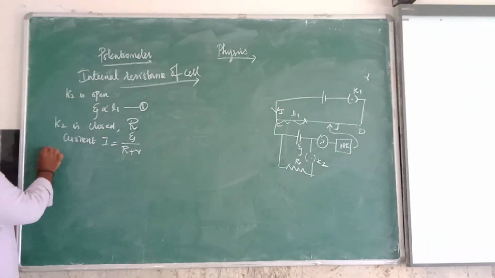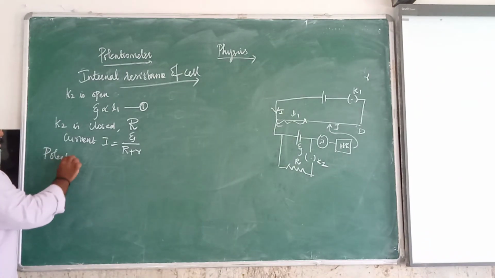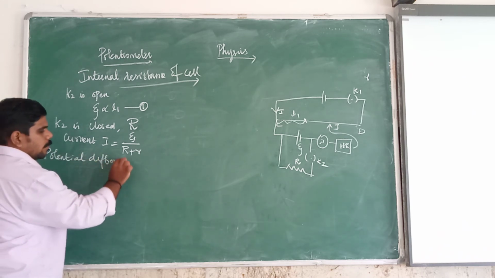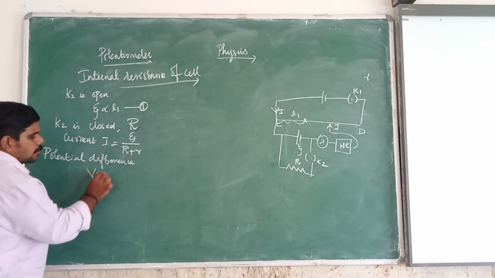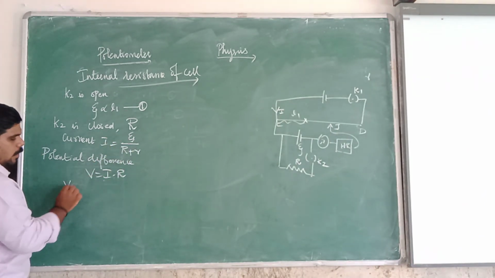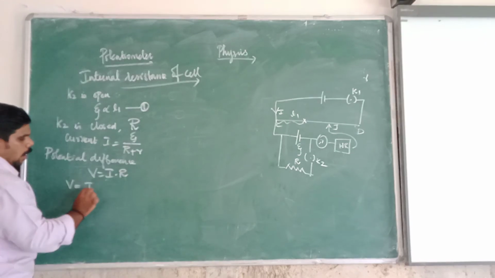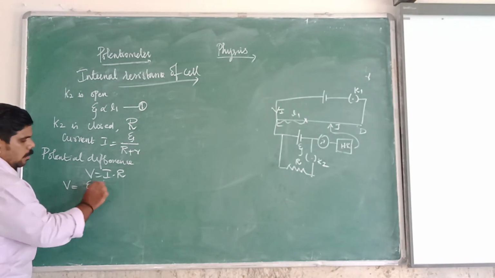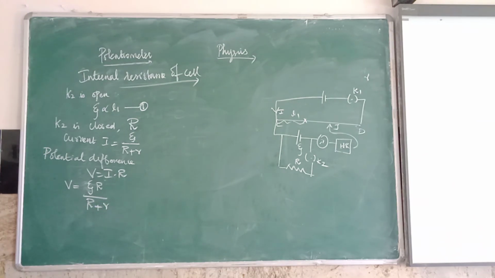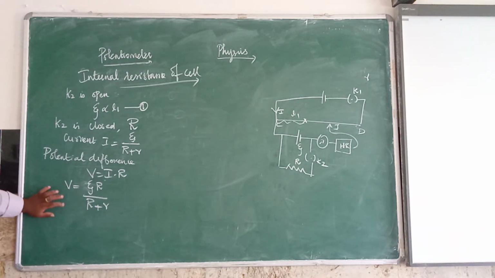So the potential difference across the resistance, V is equal to I into R. Substituting the value of I, V is equal to psi into R divided by R plus r. So this potential difference will be directly proportional to the balancing length.